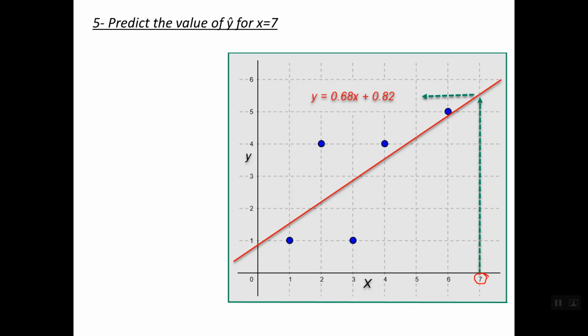So for the value of x equal to 7, we need to know the value of y hat. We only have one value of y, which is the predicted one on the regression line. So our process is called an extrapolation.